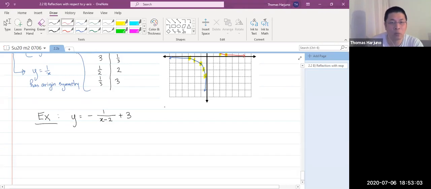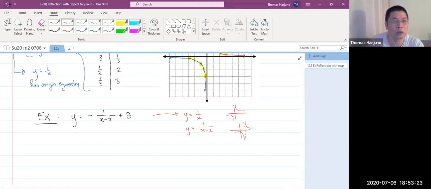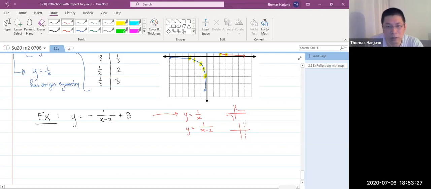Well, we will start with y equals 1 over x, and then move it to the right 2 units. It becomes like this, approximately. Maybe I use another color. So it becomes like this.